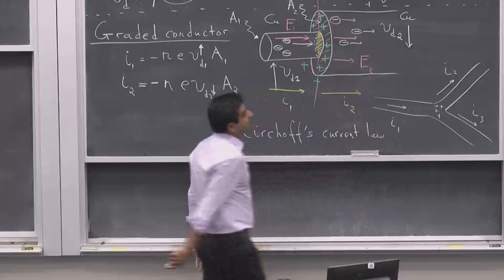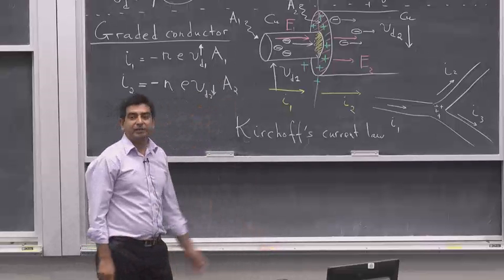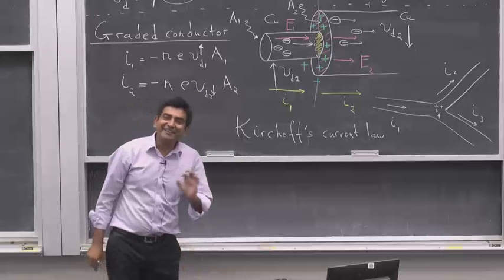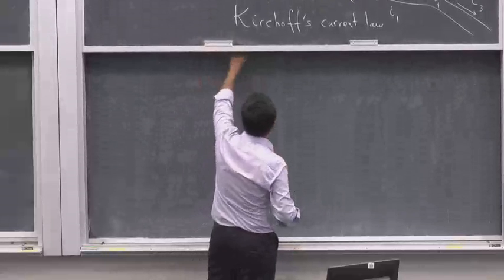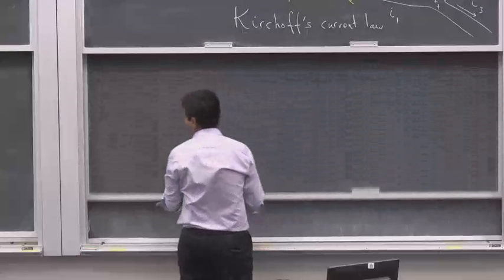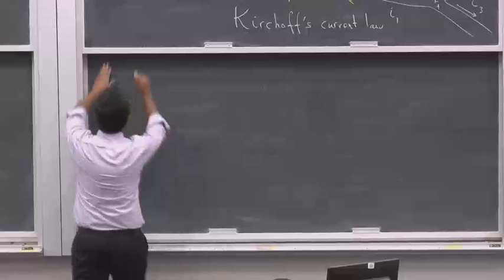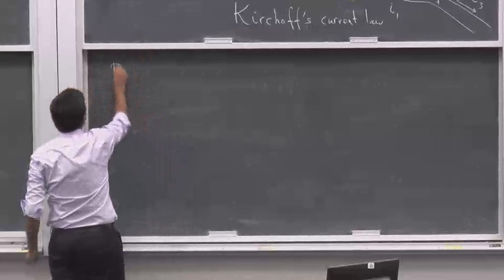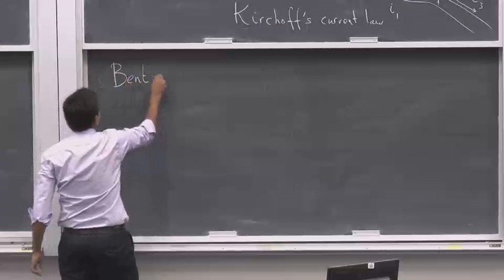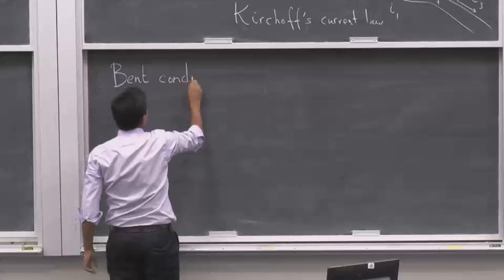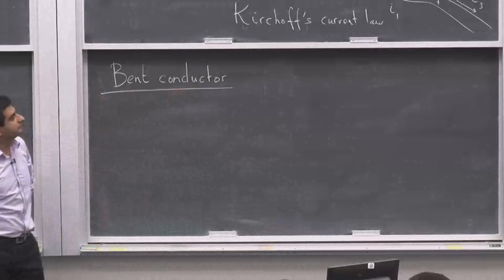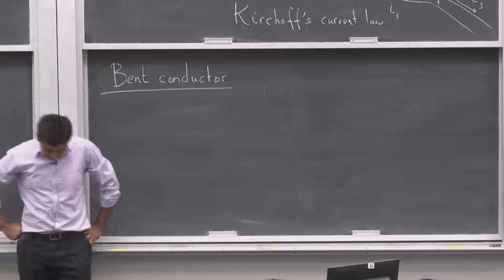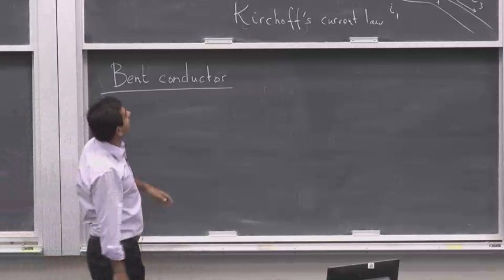This scenario, as I mentioned, is not at all different from the scenario that I've drawn over here. Now, another interesting example, which I really like, is that of a bent conductor. All right. I have a nice straight wire like this.